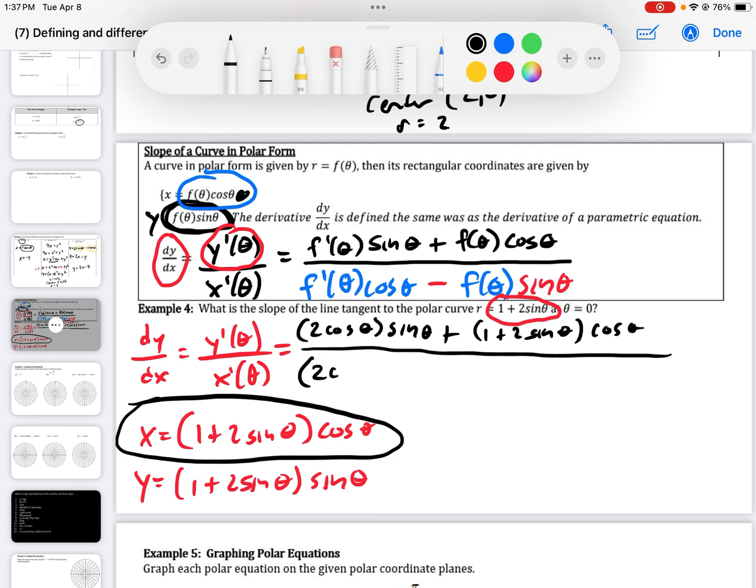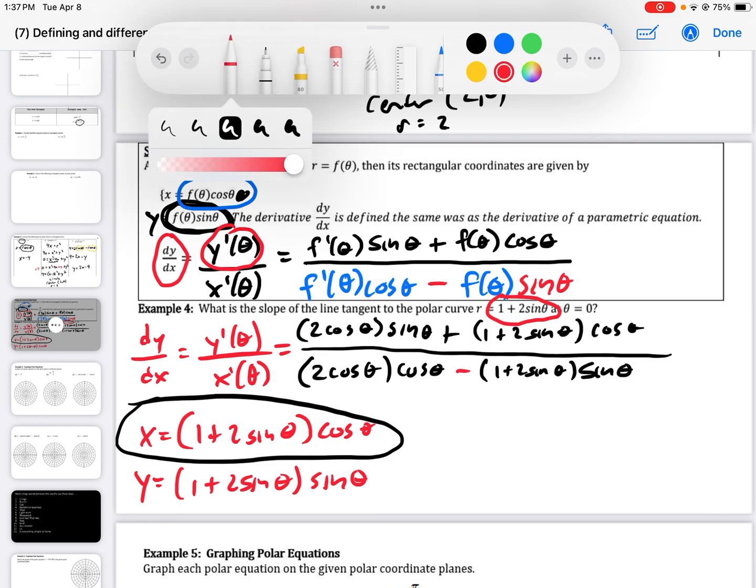The derivative of the first part would be 2 cosine theta times the second one, cosine theta, plus the first part, 1 plus 2 sine theta, times the second part. But the derivative of cosine is negative sine, so I go back and change this to negative.